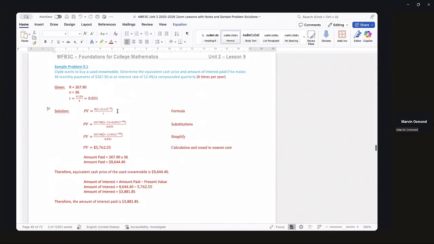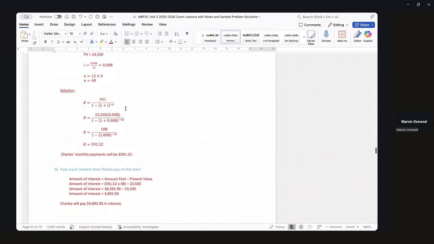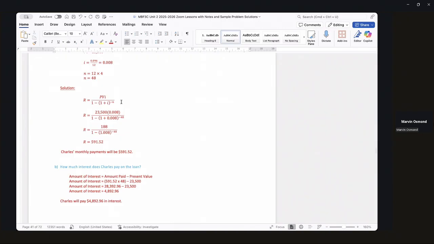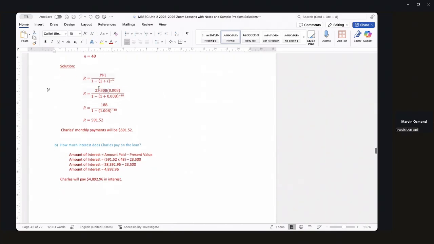So there's the formula. There's my formula. R equals PV times I divided by 1 minus (1 plus I) to the power negative n. Do the substitution. Present value, right there, 23,500.